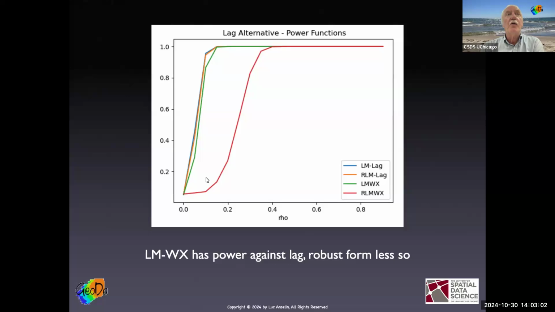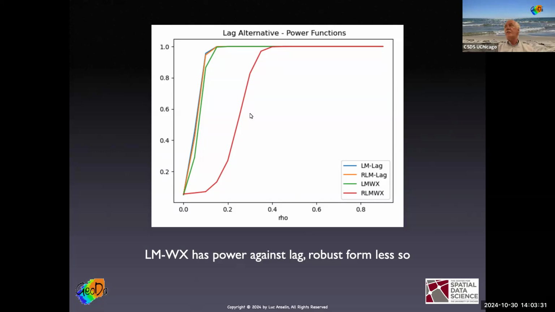However, one thing does work somewhat is the robust form of the SLX test. So this is a spatial Durbin model. It's robust to the presence of lag. This is the presence of lag, and it gets moved to the right, which means it has less power than the original one when it comes to the lag.